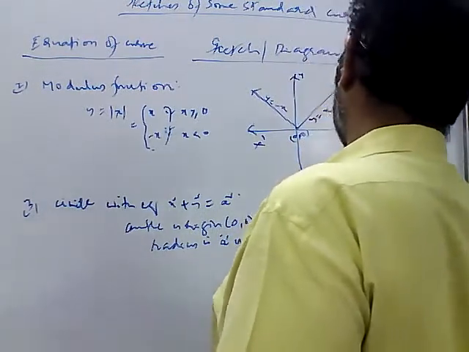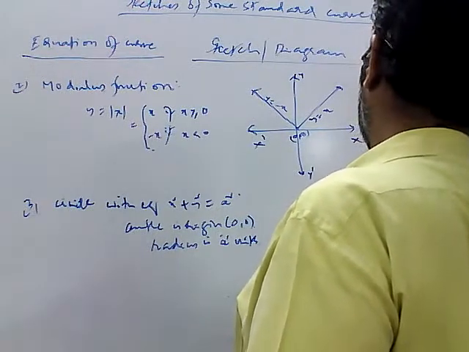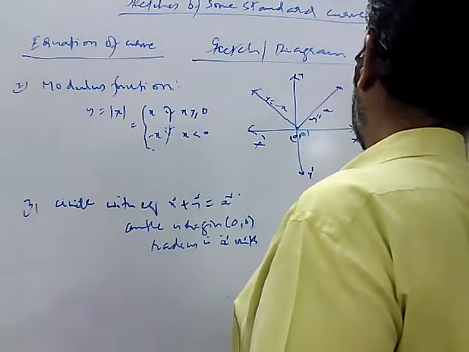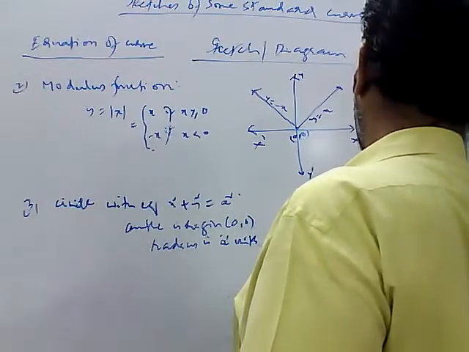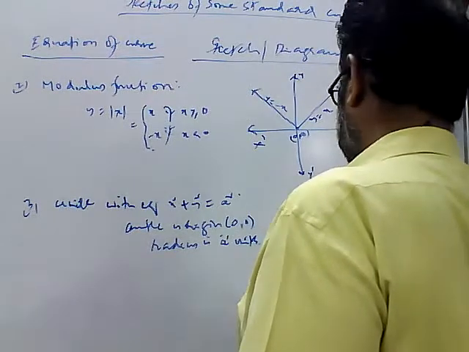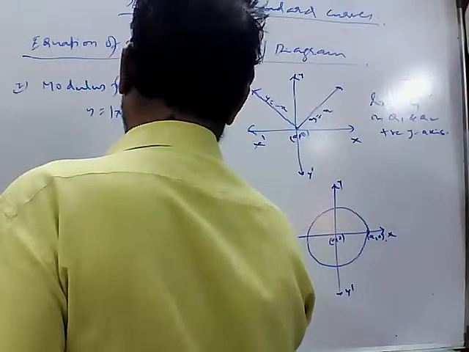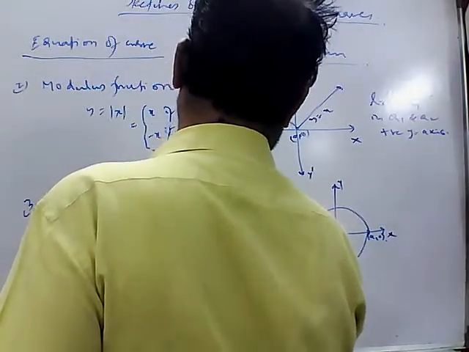And it is symmetric to both axes. So origin 0, 0, here a 0, here x dash, x, y, y dash. Symmetric to both axes.